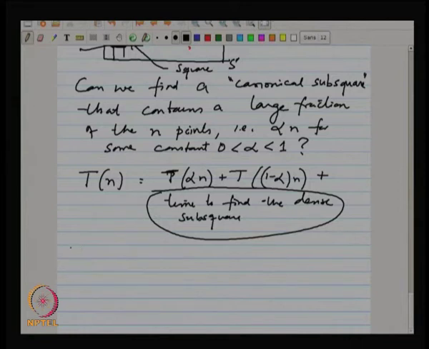So, I'll make a claim, and the proof of the claim is left as an exercise.